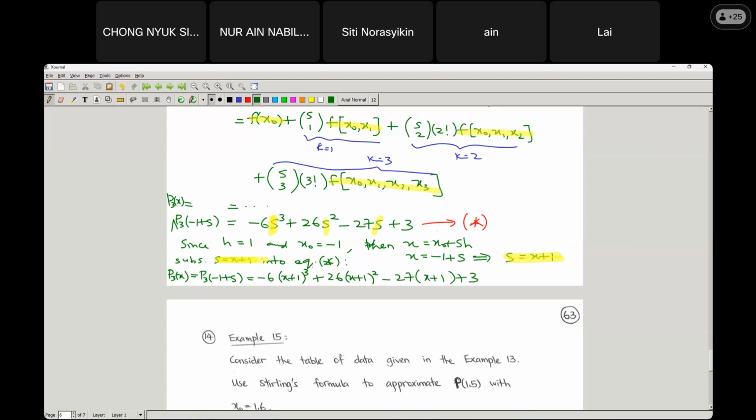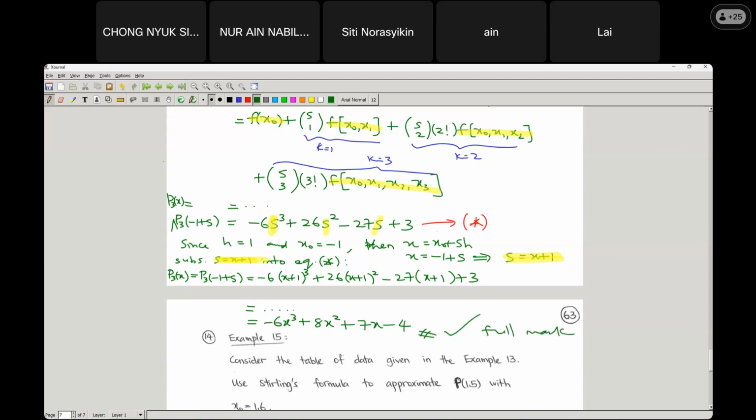If you do the expansion, finally I will get my answer, which is -6x cubed plus 8x squared plus 7x minus 4. From here, you will get full marks.